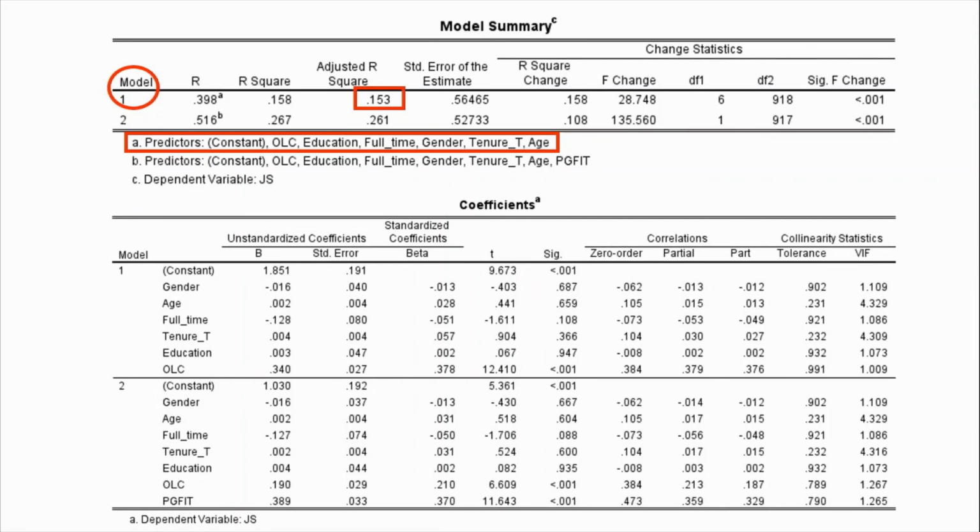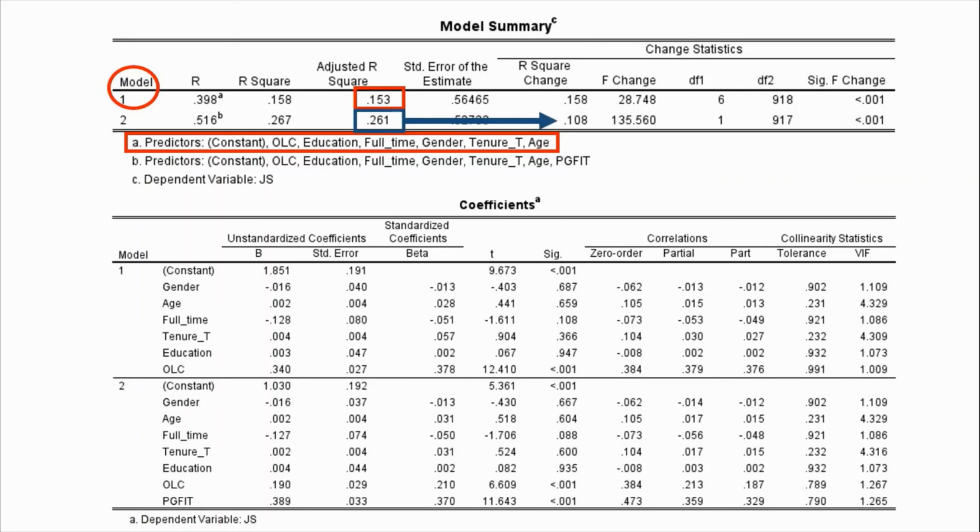And when we entered our main key independent variable, which is PG-fit, which measures how an employee feels compatible or gets along with his or her group or team members, in step 2, then the overall model now explains 26.1% of the variance in job satisfaction. Now, it's an increase of 10.8%.